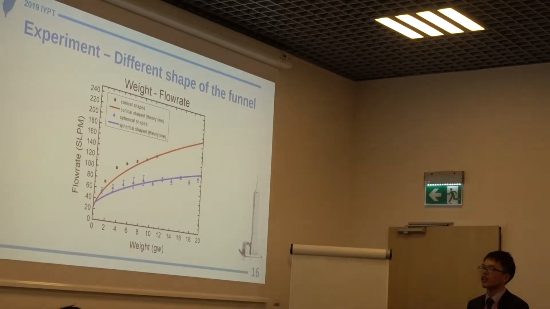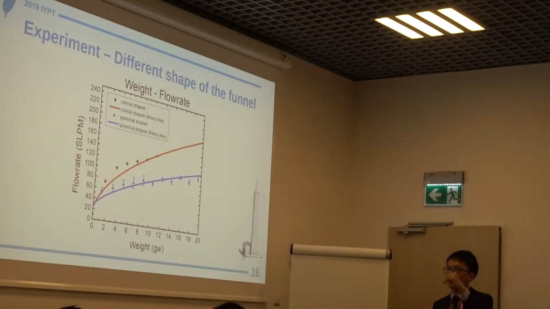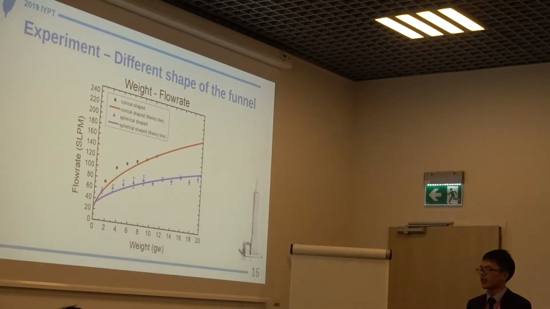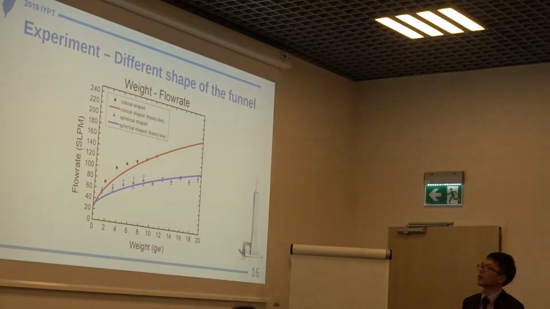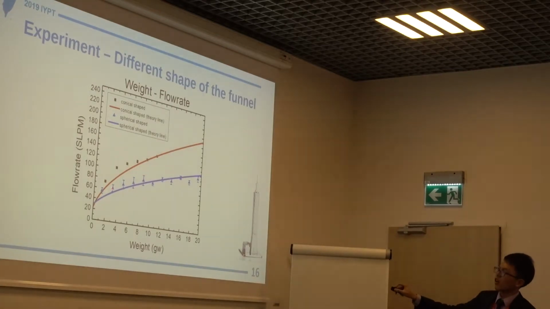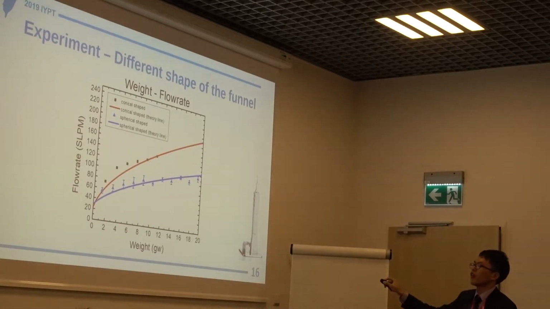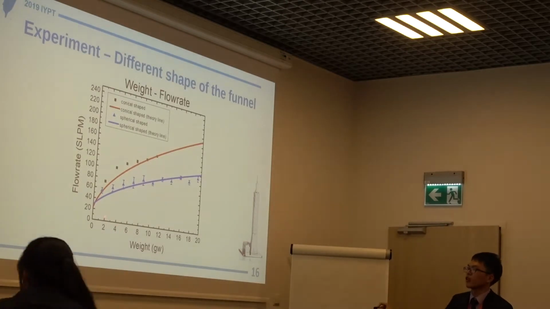This is mainly due to the impact force that acts on the ball, because when the weight of the ball becomes smaller, the forces that affect the ball become relatively bigger. So this is the effect of the impact force that you can see. I also want to mention that the conical shape does not exactly match the theory line, while the spherical shape is more likely to match the theory line.